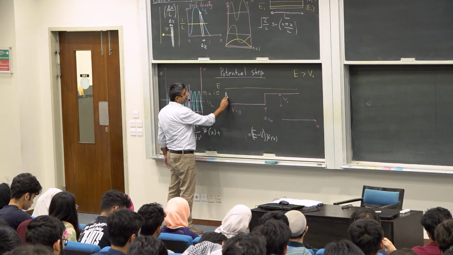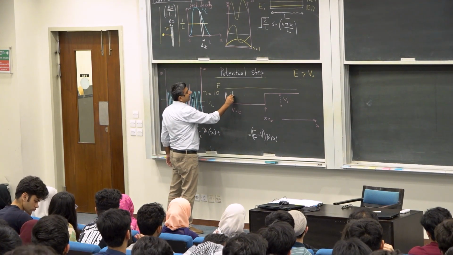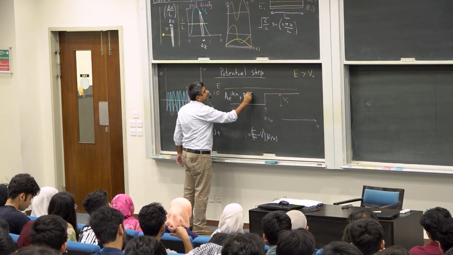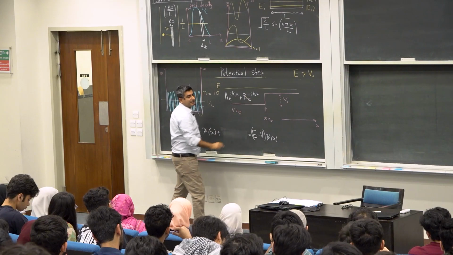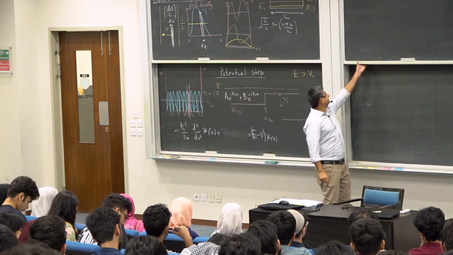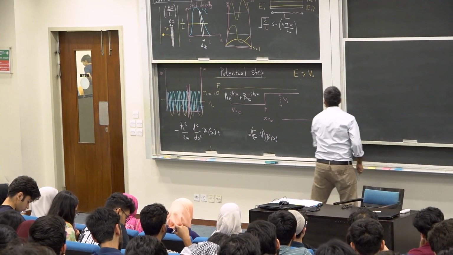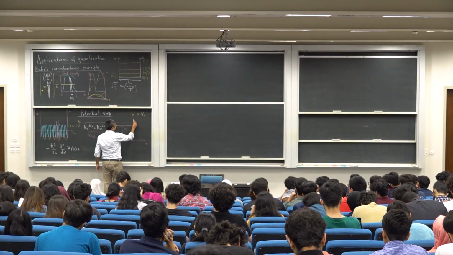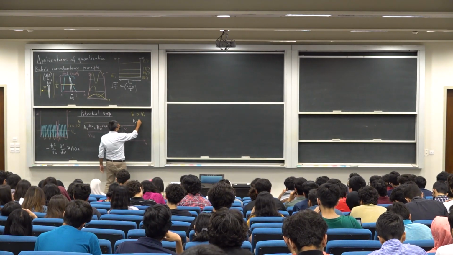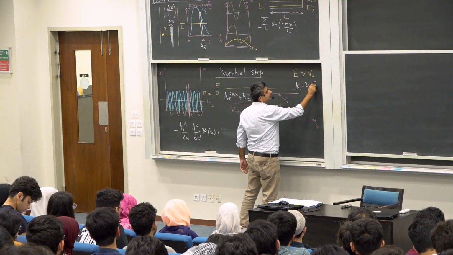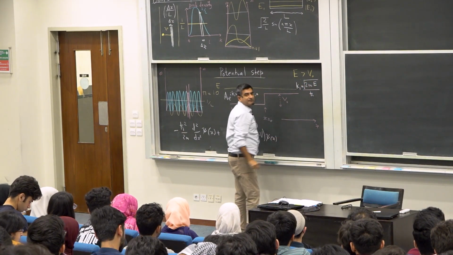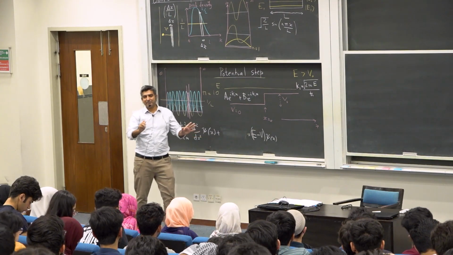It's A e^(i k1 x) plus B e^(-i k1 x), correct? Where k1 is, what is k1? Can you speak up? k1 is the square root of 2mE over h bar, correct?